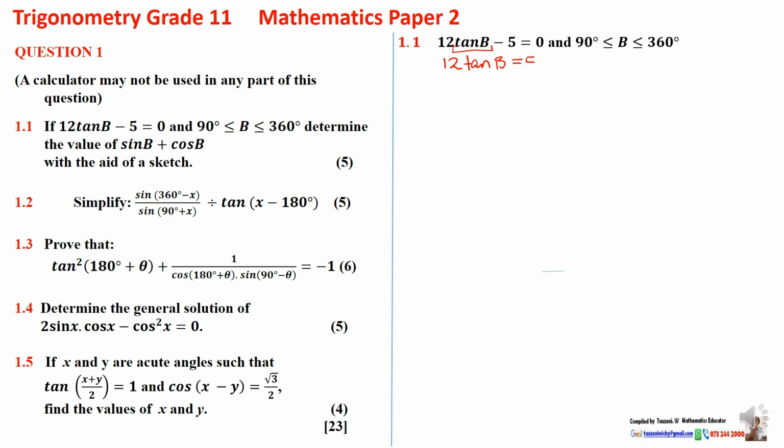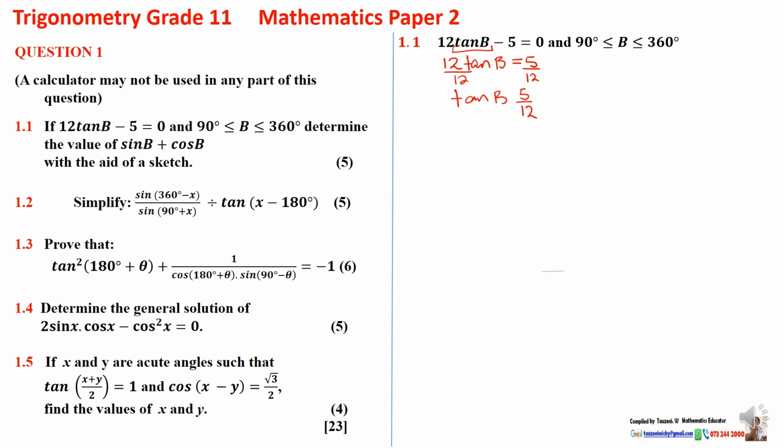Then we divide both sides by 12. Now this will tell us that the tan of b is equal to 5 divided by 12. So what is the idea here? Make sure the trigonometric expression given to you is the subject of the formula. That's what we have done here.